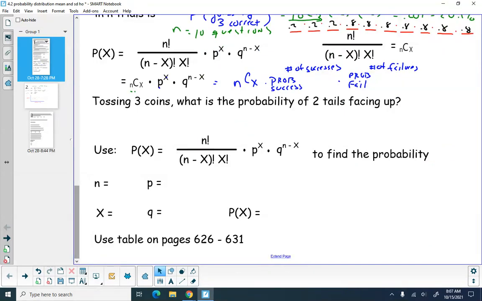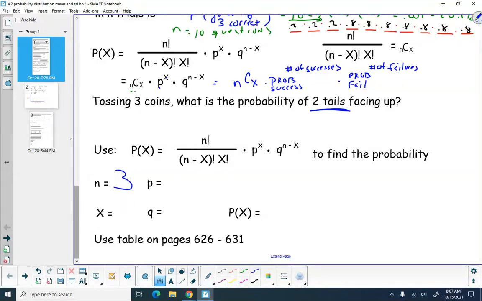Okay, 3 coins are tossed. What's the probability of 2 tails facing upwards? Or I'm flipping a coin 3 times. What's the probability of 2 tails up? Well, I'm flipping a coin 3 times, so my n is 3. My success is a tail. What's my p-value? What's the probability for a tail? 0.5.